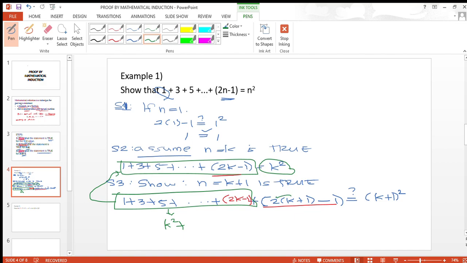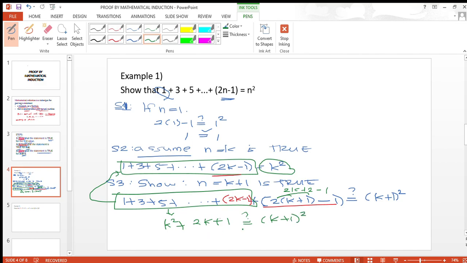This is 2k plus 2 minus 1, or 2k plus 1 when simplified. And then the right side is k plus 1, the quantity squared.